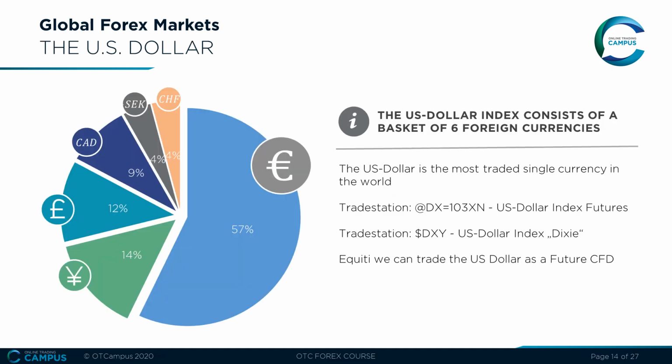Now you may be rightfully asking, well, what about the US dollar? Yes, the US dollar is the modern day version of the gold standard. As you learned in the first lesson, until the 1970s, the dollar was valued against the ounce of gold. And then Nixon, as we talked about, took the US dollar off the gold standard, and today we have what is called the US dollar index. The US dollar is the most heavily traded single currency in the world.